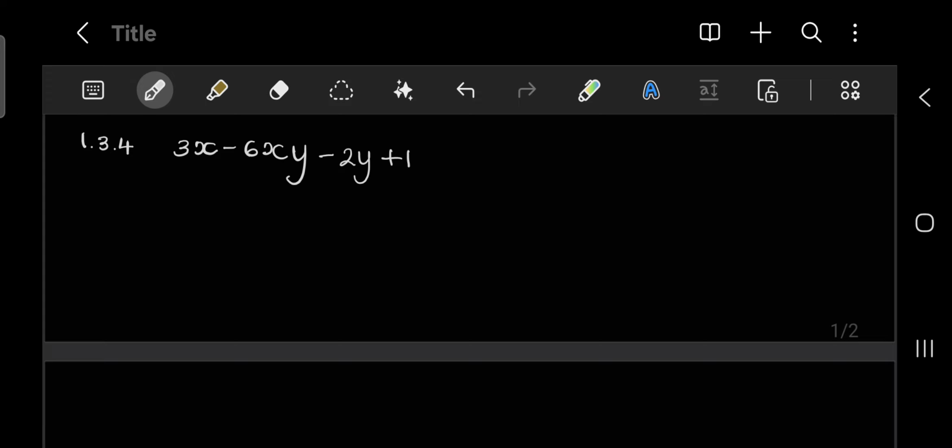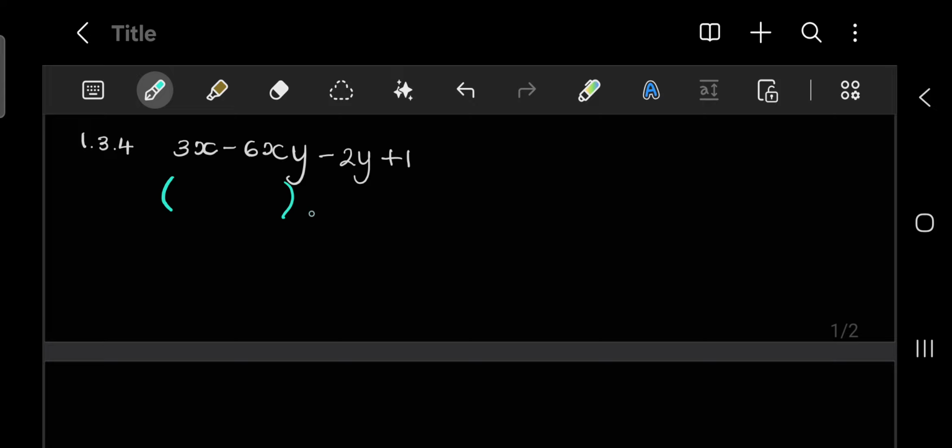So this is what we're given, and the first step would be to group these terms. But before I do that, I want to point out that it is important that when you group your terms, you group terms in pairs according to terms that have something in common with each other.